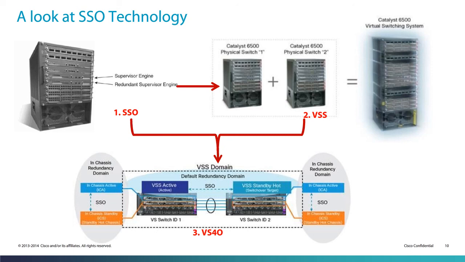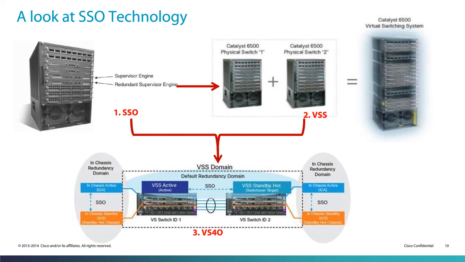The VSS uses a dedicated physical link called the virtual switch link between the two chassis to synchronize the supervisor modules in each chassis. VS40 evolves the SSO technology yet again to support redundant supervisor modules within the physical chassis as well as across two chassis in a VSS.